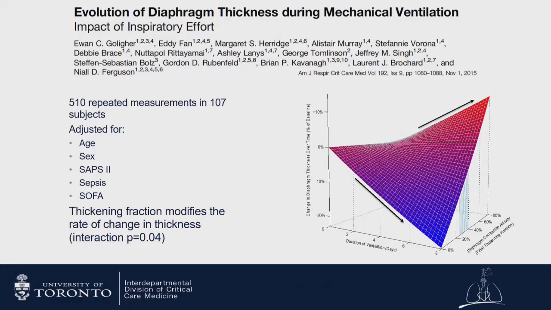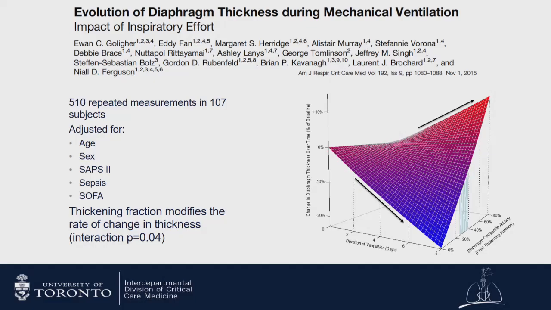And also there are potential effects on the diaphragm, in that having no spontaneous breathing may be injurious to it. In this 3D graph here, the y-axis is the change in diaphragm thickness over time. The x-axis is the number of days, about 8 days shown on the graph, and the z-axis is the amount of diaphragm activity.